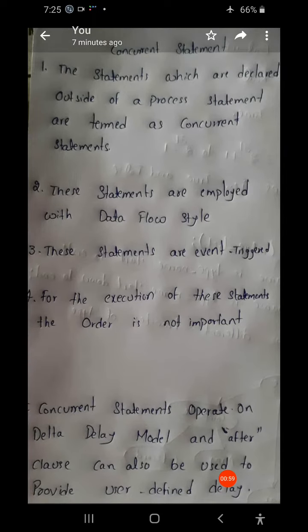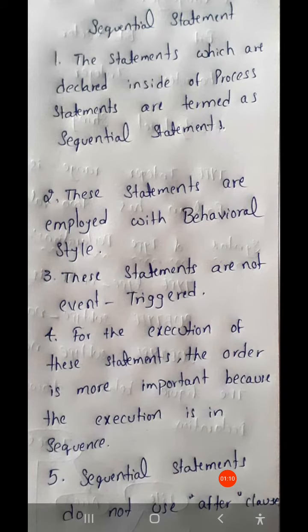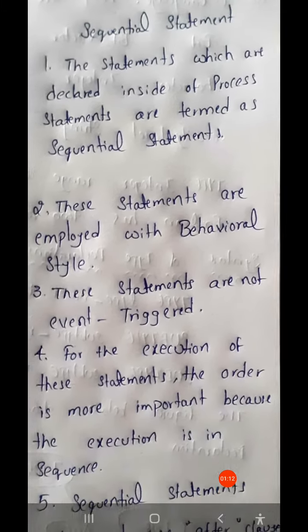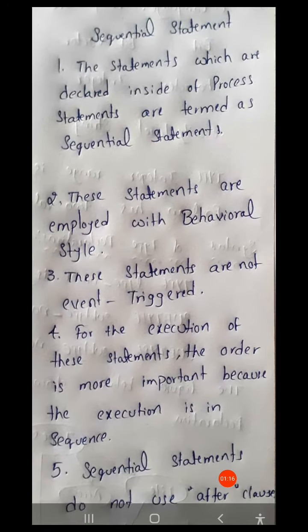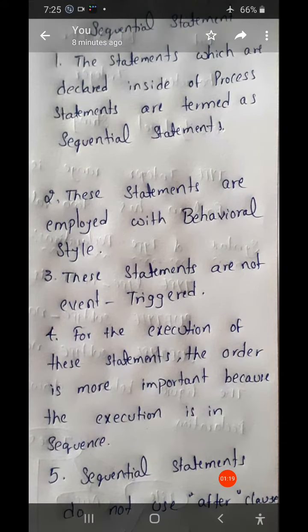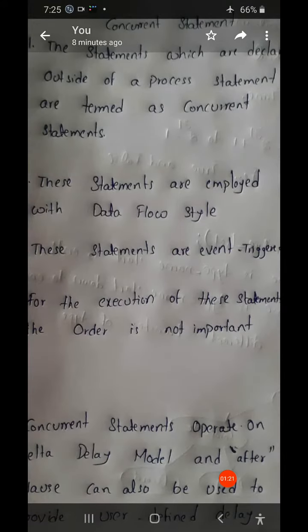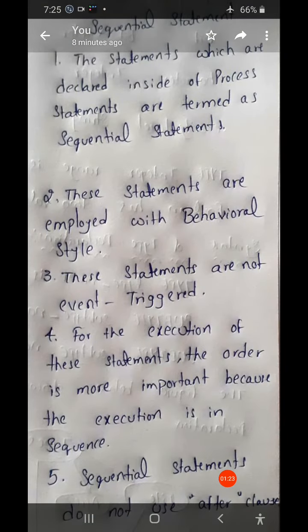Whereas the sequential statement is the reverse: the statements which are declared inside of a process statement are termed as sequential statements. So those are the definitions of concurrent and sequential statements.